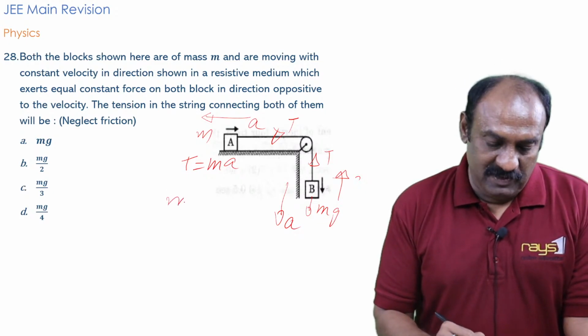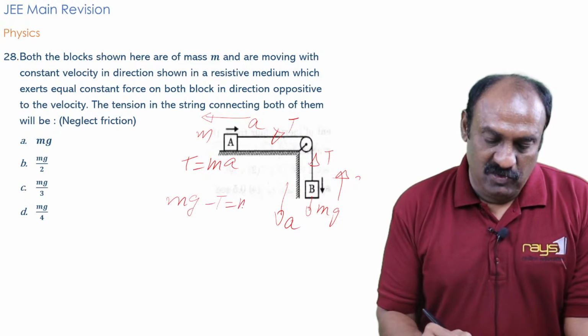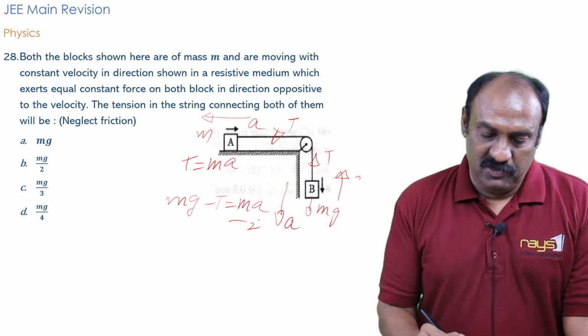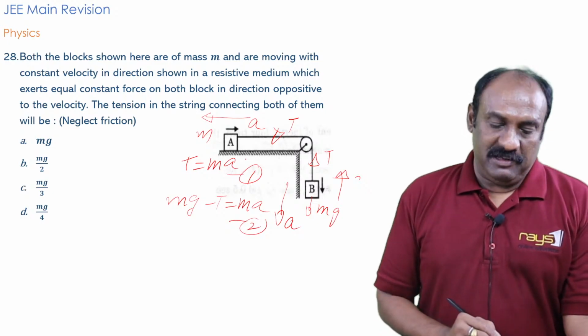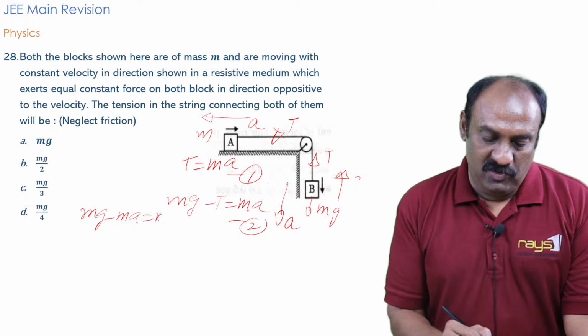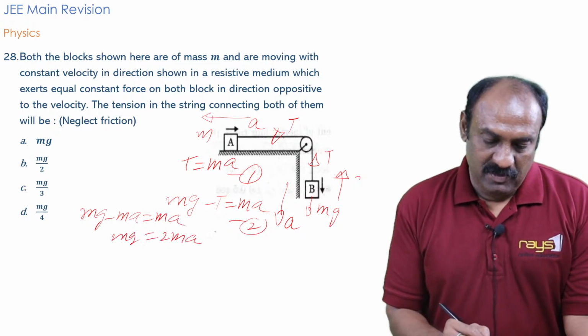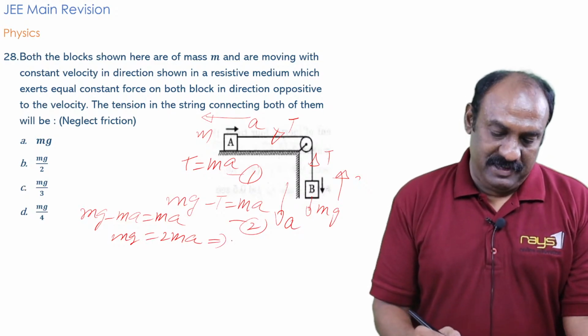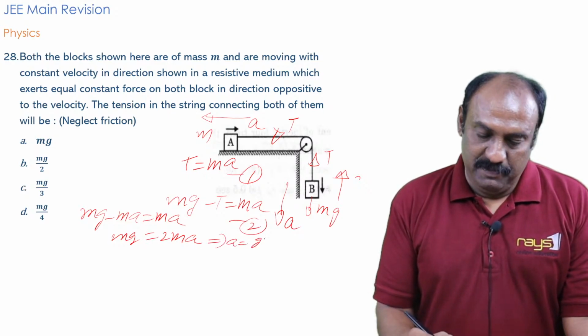So, net force is mg minus T equal to ma. Equation 2, equation 1. By substituting T equal to ma, we get mg minus ma equal to ma. So, 2ma is equal to mg. So, from this, a equals g by 2.